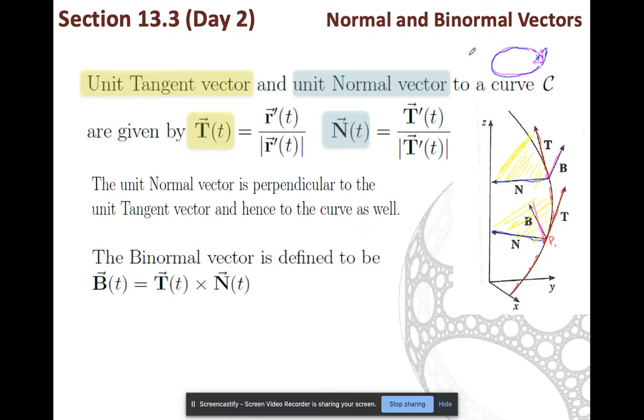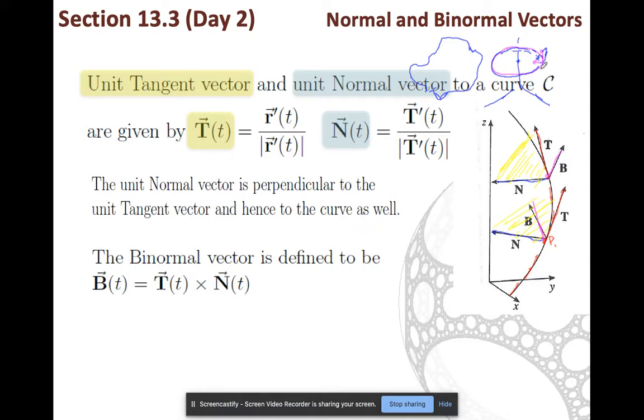But if you've got some kind of curve in space, how are your tangent and normal vectors moving in conjunction around that curve? And now this yellow plane, it's not staying perfectly flat, right? Imagine that.